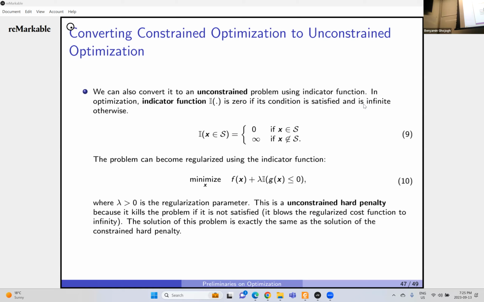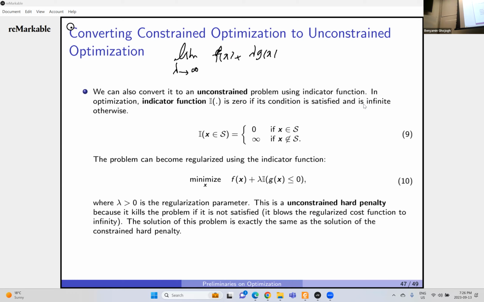When I take the limit of f of x plus lambda g of x as lambda goes to infinity, f of x disappears. Of course, it doesn't disappear completely, but its value is ignored, at least up to some level.